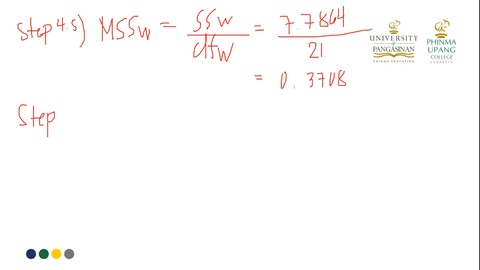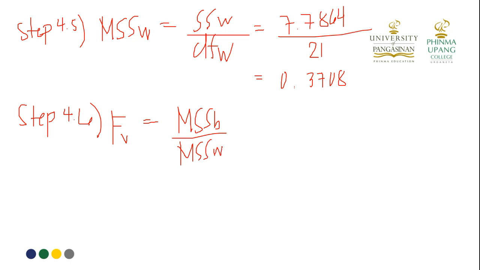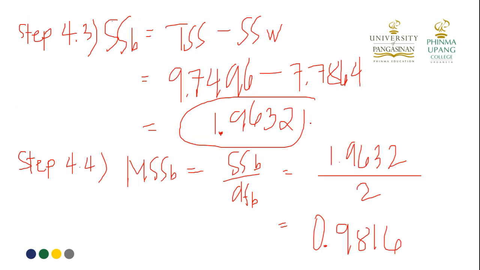Okay, malapit na. Step 4.6. Ito na yung F value ng MSSB divide natin sa MSSW. So, dito na lang. So, ano yung SSB? 0.9816.